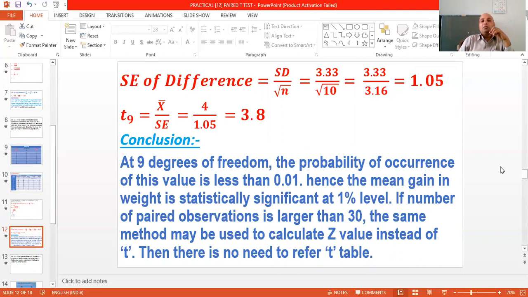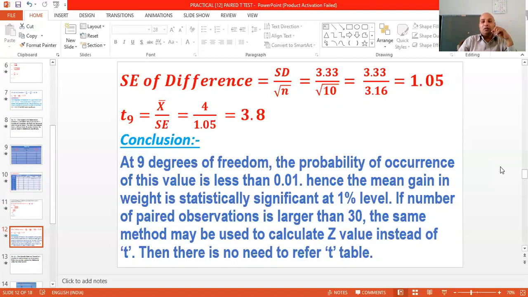Then T9 is 3.8. Then the conclusion: at 9 degrees of freedom, the probability of occurrence of this value is less than 0.01. Hence, the mean gain in weight is statistically significant at the 1% level.